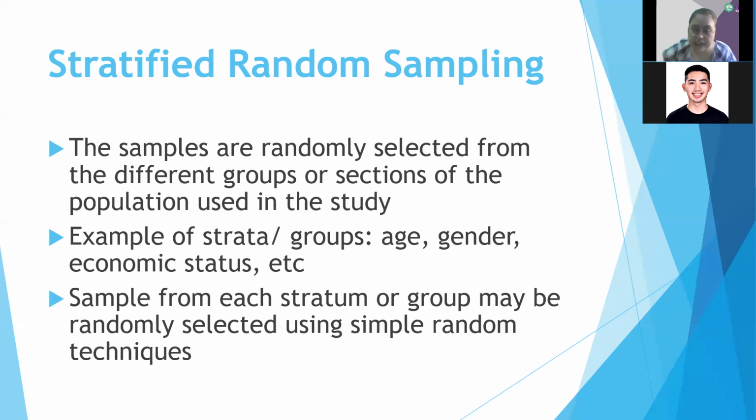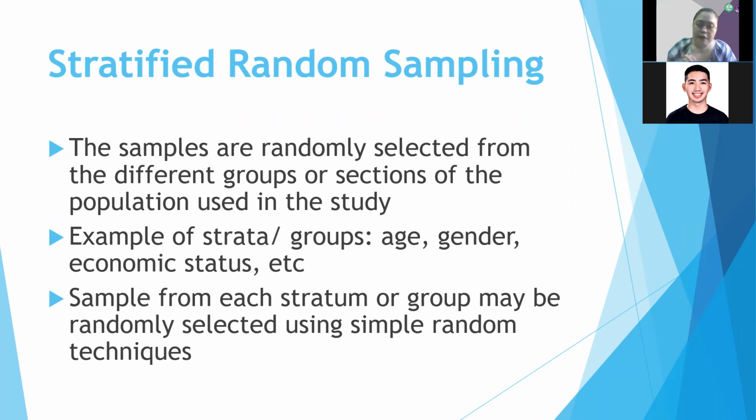Ganon ang difference ni simple random and ni stratified. Si simple, diretso na. We will write all the names, we will assign numbers and then bunot-bunot na. It doesn't matter kung lalaki, babae, or yung age nila, hindi yan nagmamatter. Basta diretso na randomly we will select.